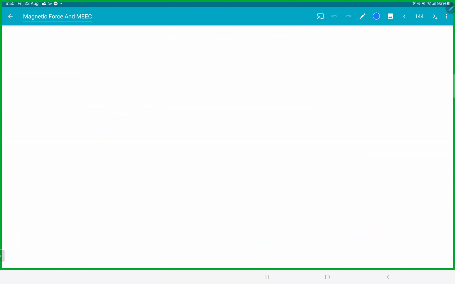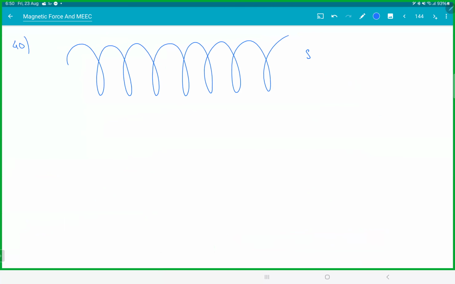Let me ask you one more thing. Suppose you have a conducting spring in natural length. What happens if you send current inside it? What happens if DC current is sent?